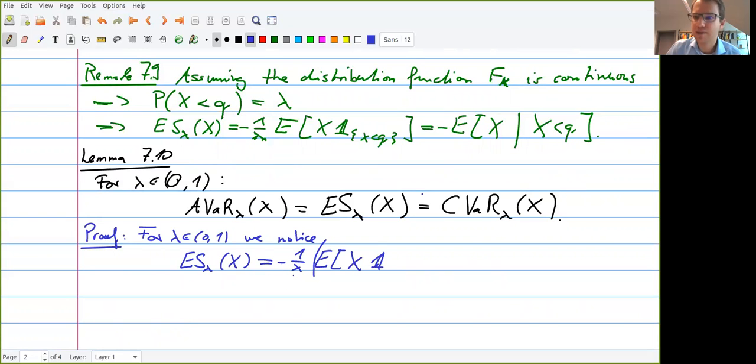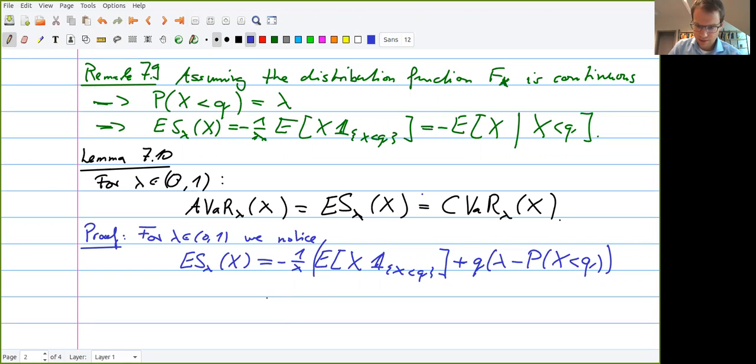This is minus 1 over lambda multiplied with the expectation of x, that x is less than q, and q is here our quantile as before, plus q times lambda minus the probability that, to take care of the singularities, the discontinuities of the distribution.